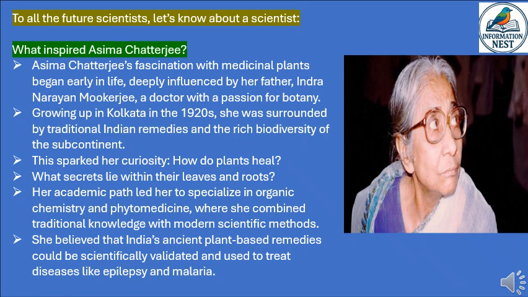Her research led to breakthroughs in treating diseases like epilepsy and malaria using compounds from plants like vinca and alstonia. Asima Prem Chatterjee didn't just study science, she blended tradition with innovation, proving that ancient wisdom and modern methods can work hand in hand. She was the first woman to earn a doctorate of science from an Indian university, a true trailblazer.